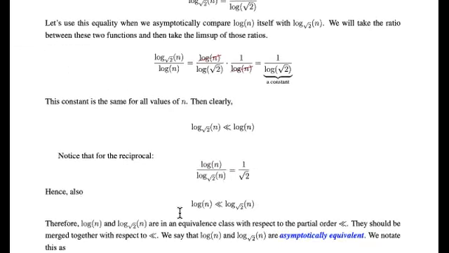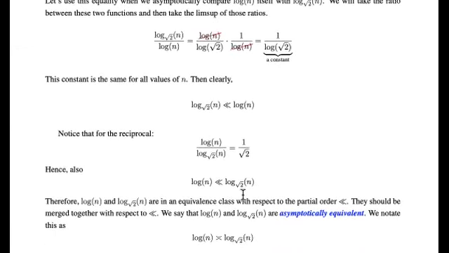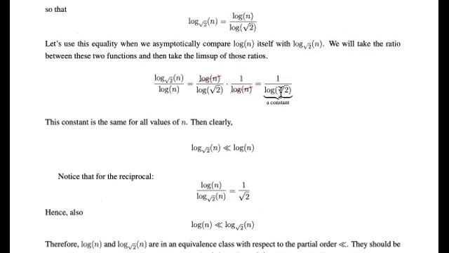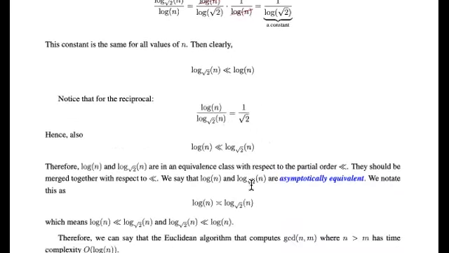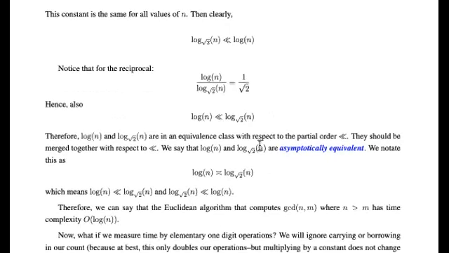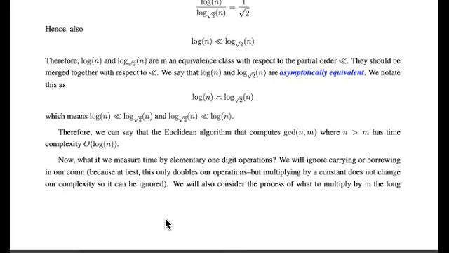It works both ways, so we can think of them the same way. That's interesting: the base didn't even matter, because if I change the base, it just adds in a constant. So if we're talking about the asymptotic growth or size in this algorithm, we could simply say log n. We could just say the Euclidean algorithm, which computes the greatest common divisor, has time complexity O of log n, and be done, instead of thinking too carefully about the base.